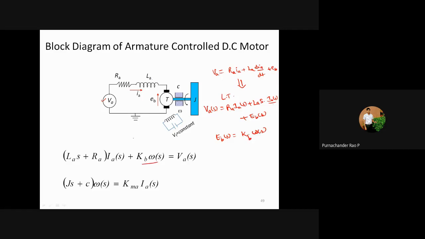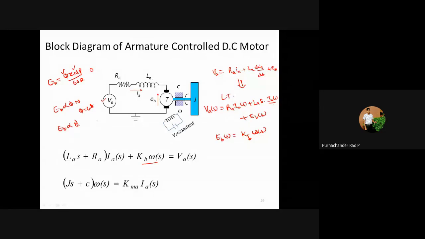Okay, because your back EMF is proportional to the flux and the speed. As per your DC motor equation, EB is equal to phi Z N P divided by 60A. Out of this, only the flux and speed are variable, but your flux is also maintained constant. In a shunt motor the flux is constant, therefore your EB is proportional to speed only.